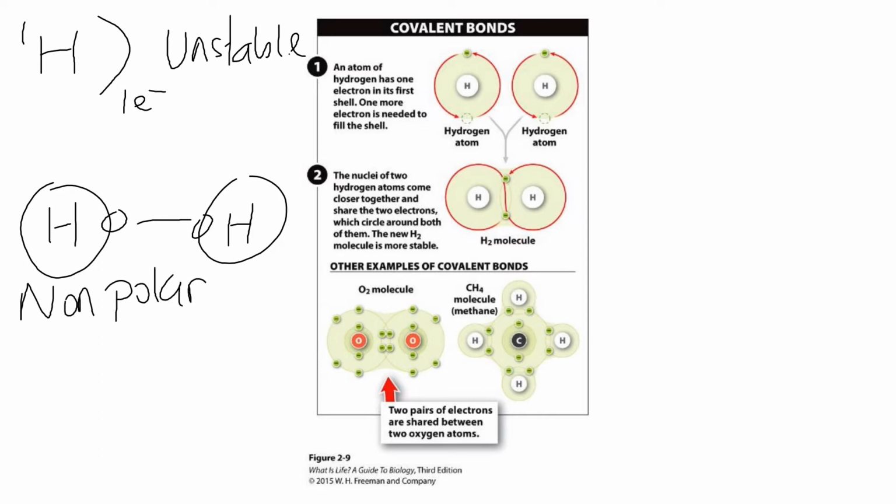Covalent because they are sharing their electrons. And again, sharing is not the same thing as giving it up. This hydrogen right here is not giving up its electron. It's not totally giving it up to this hydrogen. Otherwise, if this hydrogen gives up its own electron, it's going to have 0 electrons.